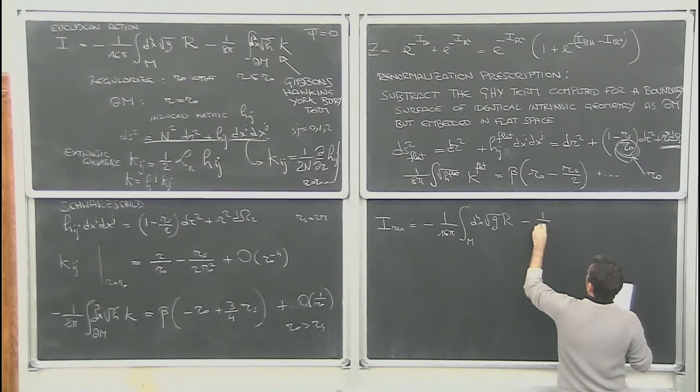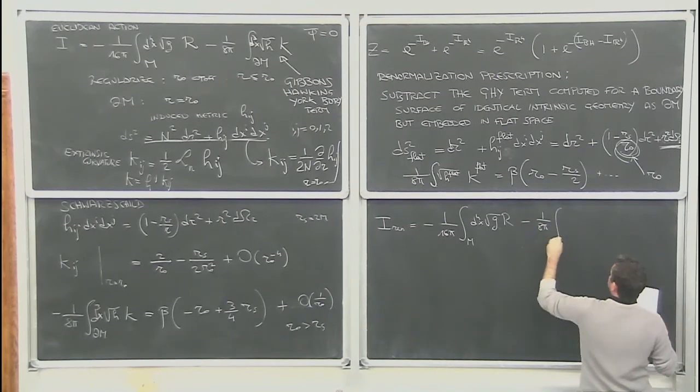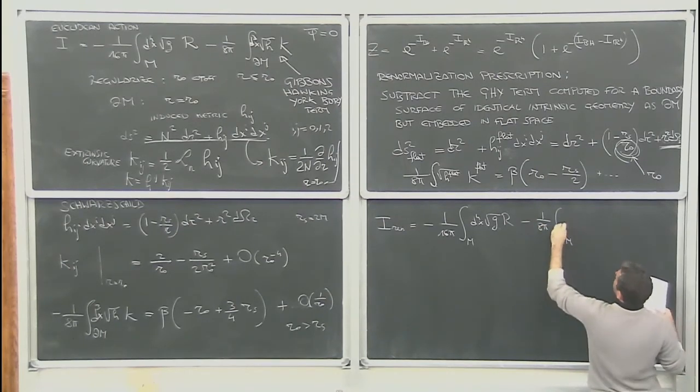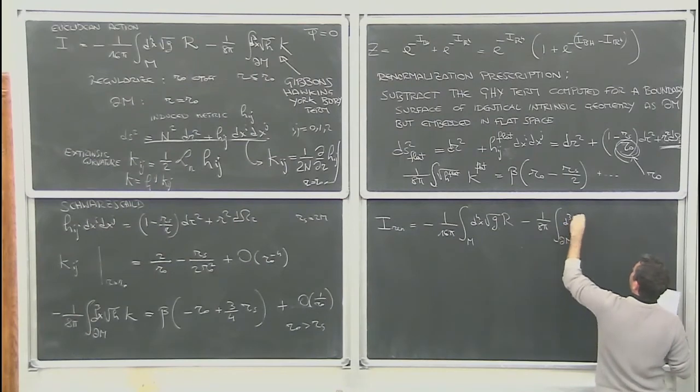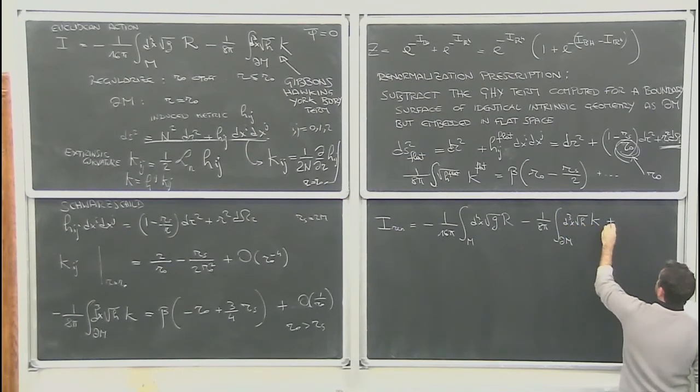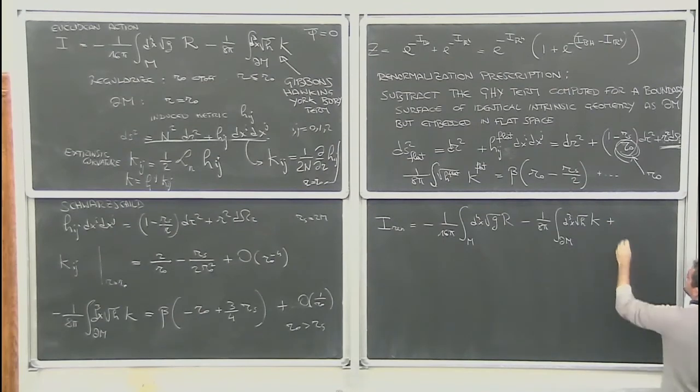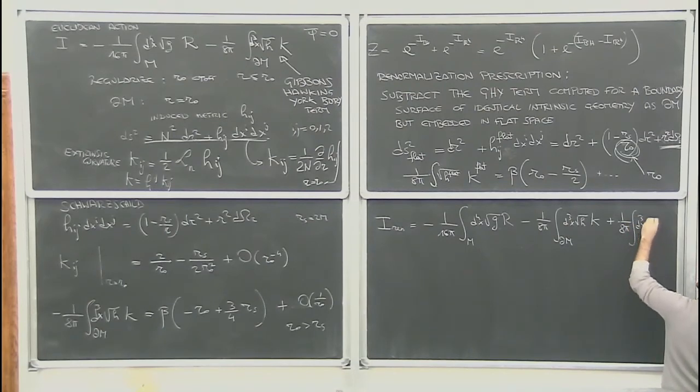Then we have the Gibbons-Hawking term. And then we subtract the Gibbons-Hawking term for flat space that we have just computed, h flat, K flat, with the prescription up there.